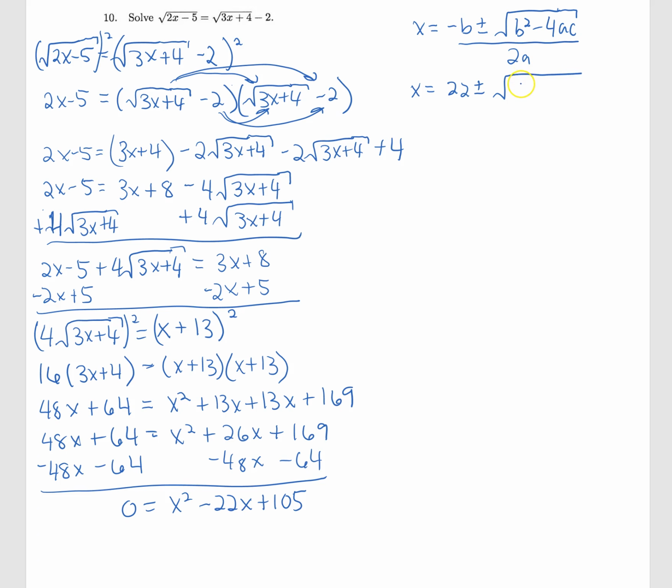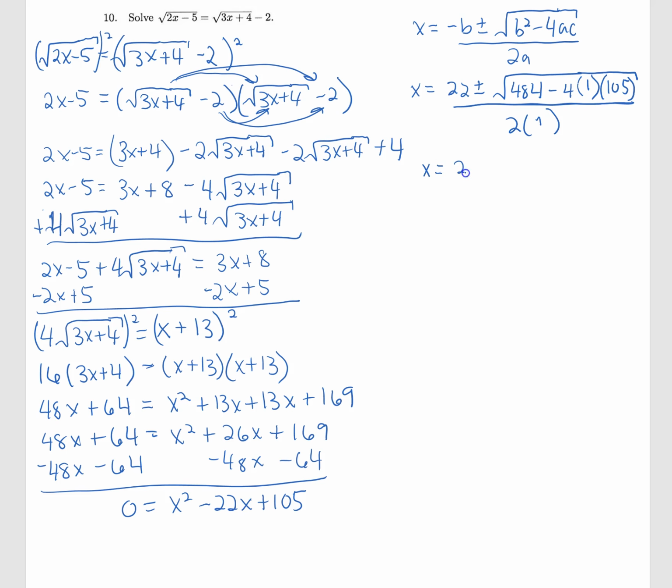And so we get negative 22 squared, which is 484, minus 4 times a, which is 1 in our case, times c, which is 105. And that's over 2 times a, which is 1.